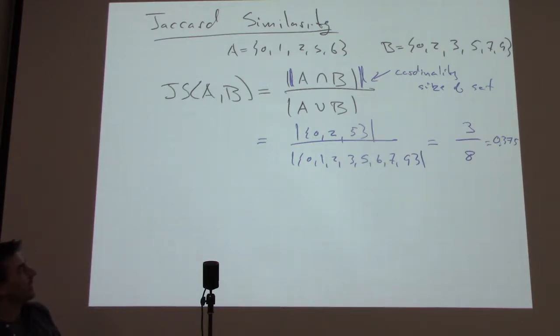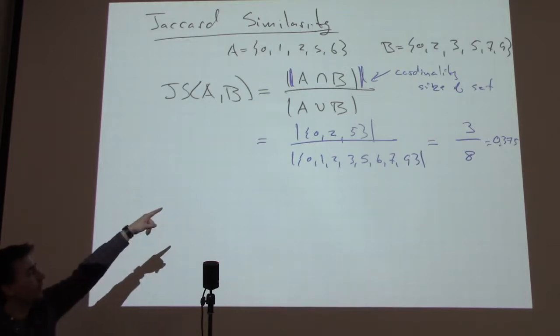And if I added something new into both of them, so if I added 4 into both of them, right? This could go either way. Maybe it's more similar, maybe it's less similar. I think in this case it will become more similar.